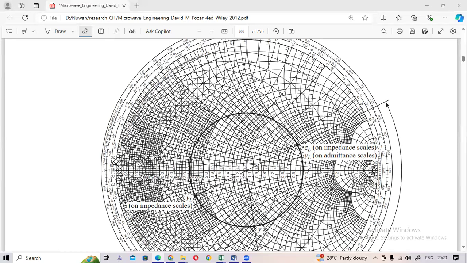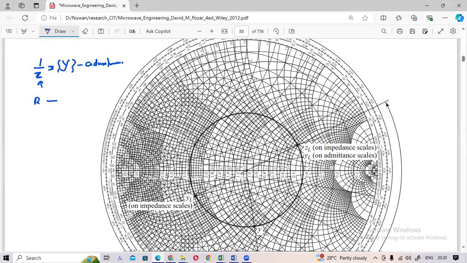And these are admittance circles. Admittance means 1 over Z, normally referred to as Y. Z is the impedance, 1 over Z is the admittance.